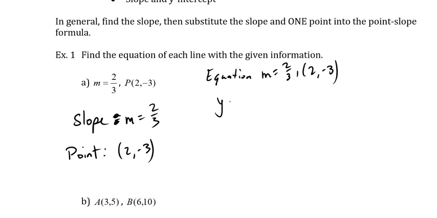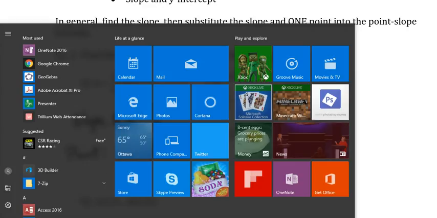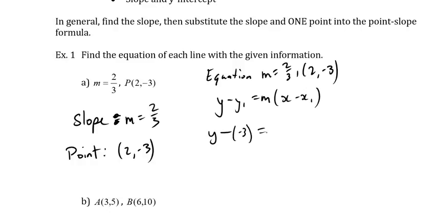Write down my equation, y minus y1 equals m, x minus x1. So it's y minus, this is what Ben was asking about, the y value, which is negative 3. So yes, we're going to end up adding. Equals m, which is 2 over 3, and then x minus 2.